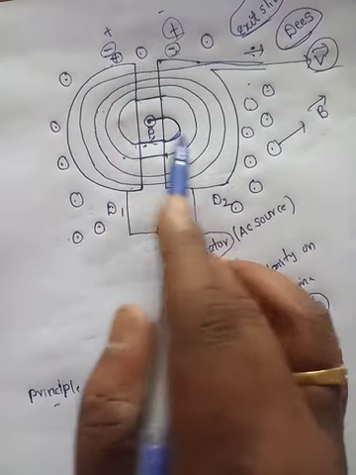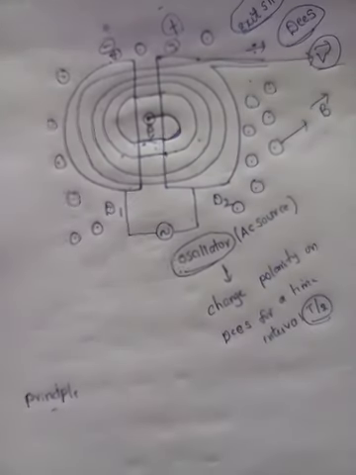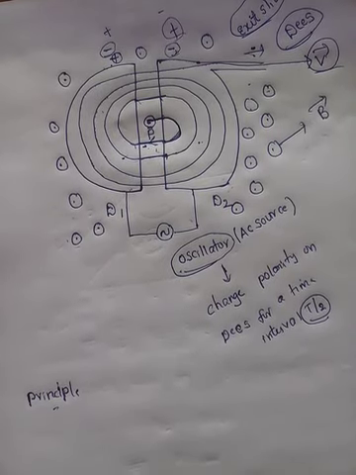Between the D's it is accelerated, and the magnetic field makes the charged particle move in a circular path, right?